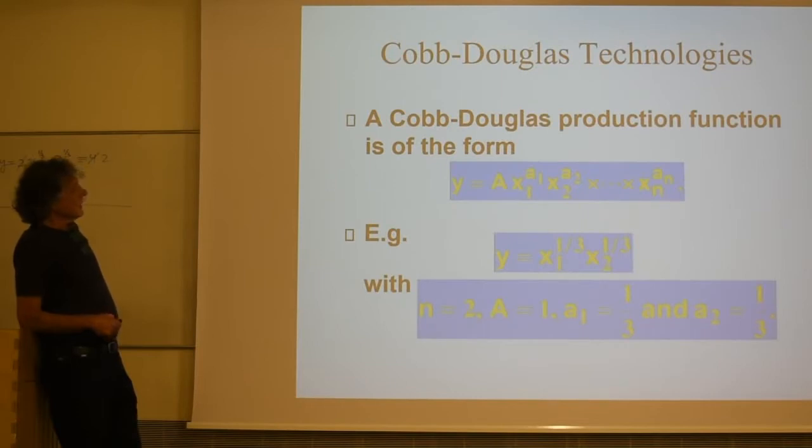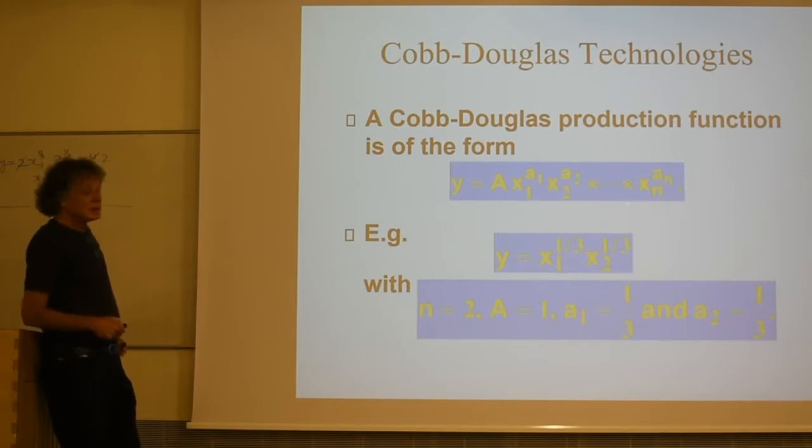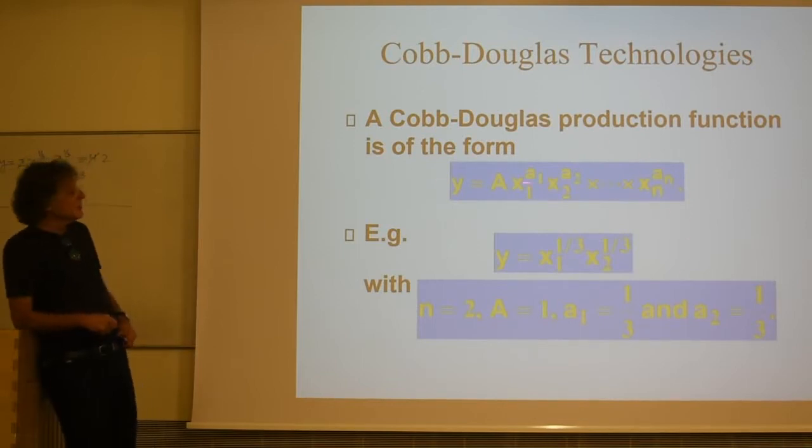Okay. A Cobb-Douglas production function is of the form as before, but what we did in utility, we did only with two commodities. You can have it with n commodities. Y equals a number times x1 to the a1, x2 to the a2, etc., xn to the an.